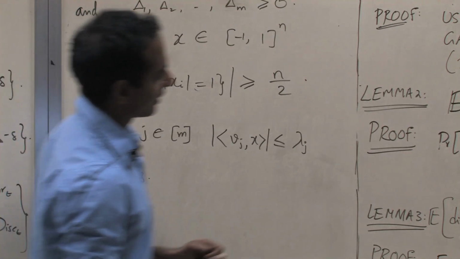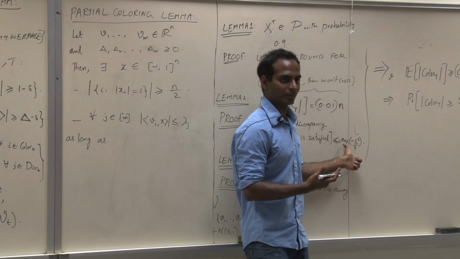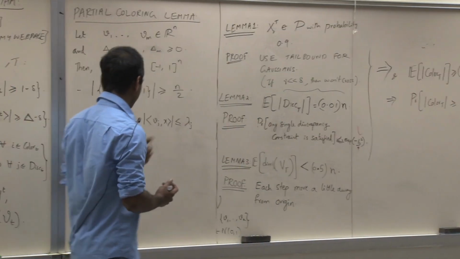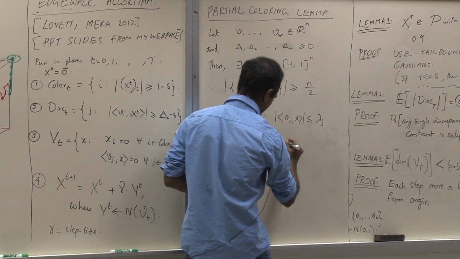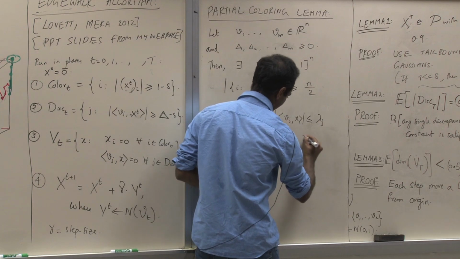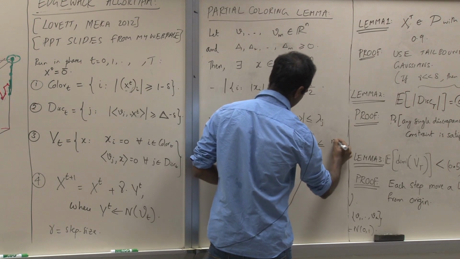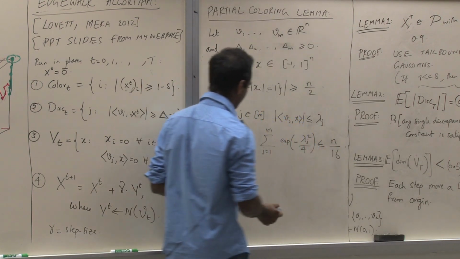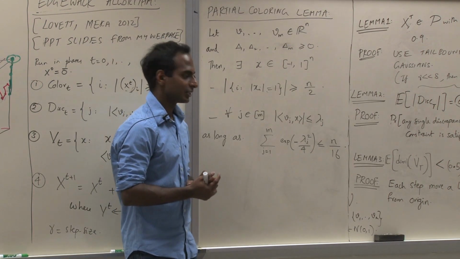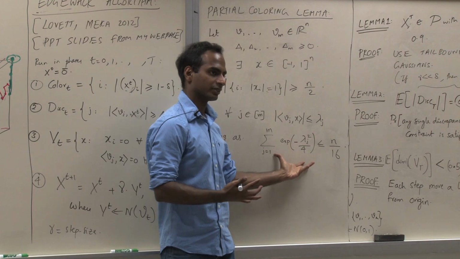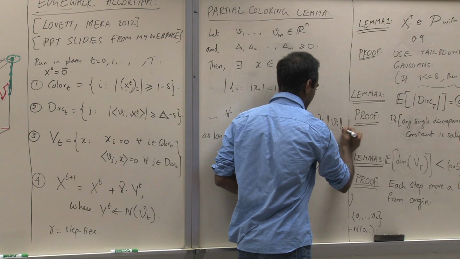The condition is that all I cared about here was the sum. If you translate it immediately, as long as this potential function of the scalars, oh wait, this should be the norm of vj, holds.